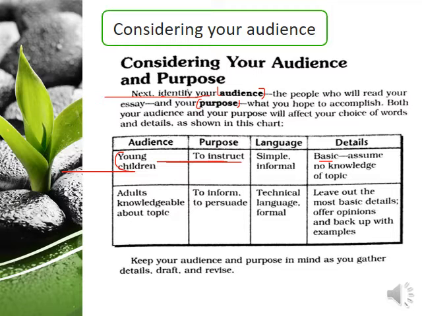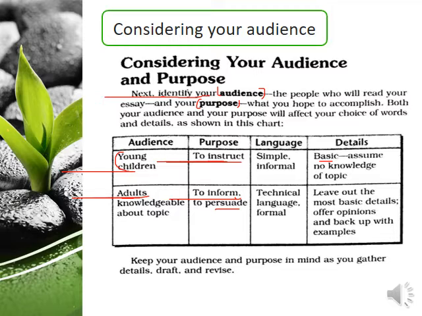What if your audience were adults and knowledgeable about the topic? So they are adults and they know much about the topic that you're going to write about. So the purpose will be not to instruct, will be to inform or to persuade them to do something. And the language should be technical language and formal.